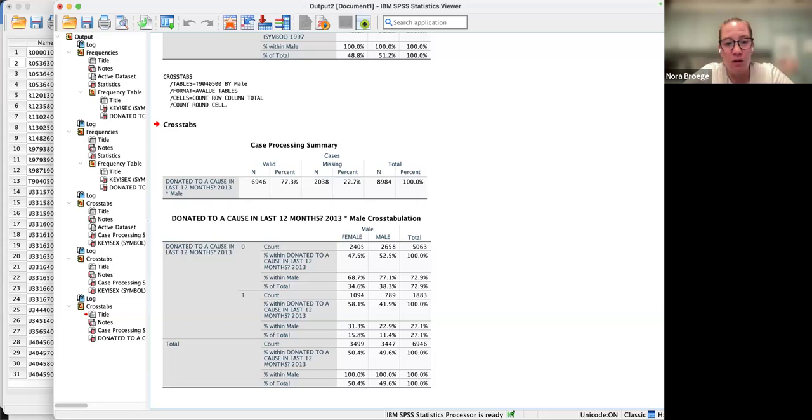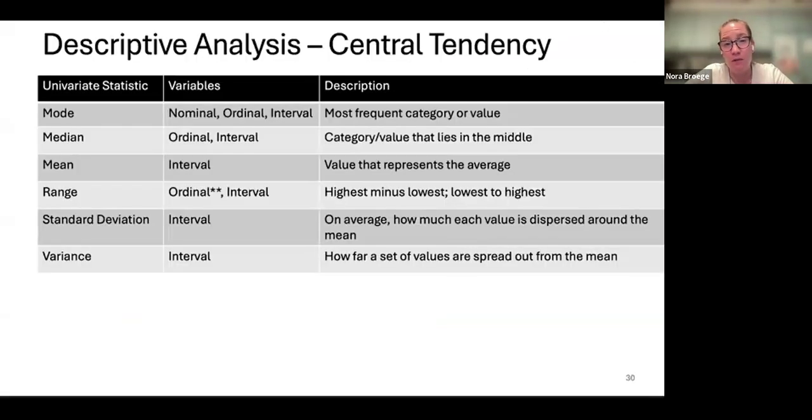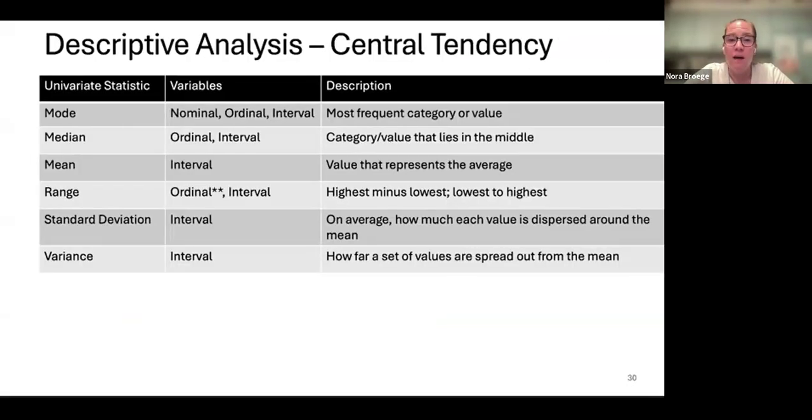You may recall this from a statistics class, a methods class, or algebra. Measures of central tendency describe the data, describe how the data is spread out, and describe how skewed the data is. The common measures are mode, median, mean, range, standard deviation, and variance.